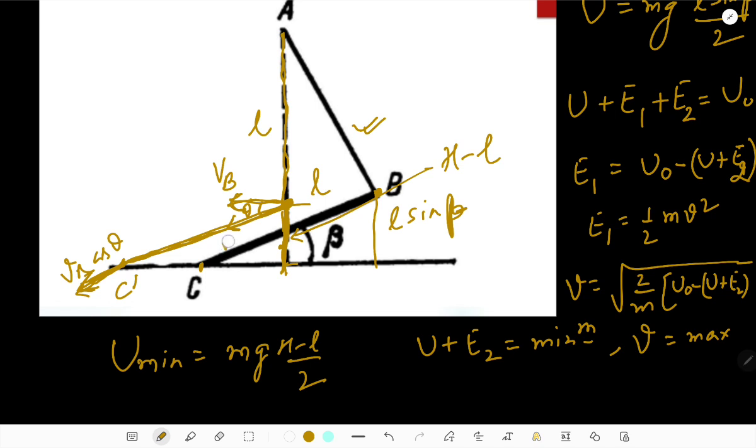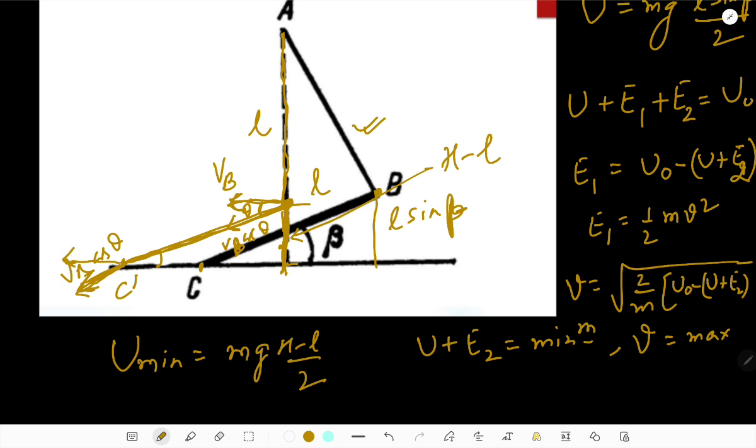So both ends should have the same velocity projections along the stick only, and this is Vb cos theta. So if this angle is theta, this angle is also theta, and the velocity of this end is always horizontal.